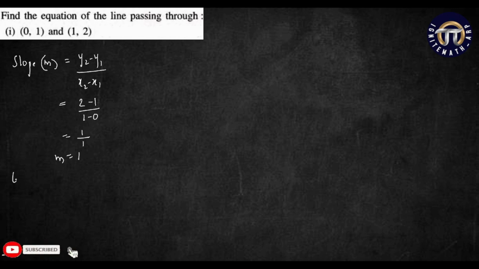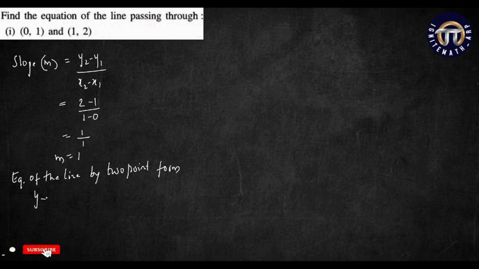And the equation of the line by 2-point form, I can write y minus y1 is equal to m of x minus x1.